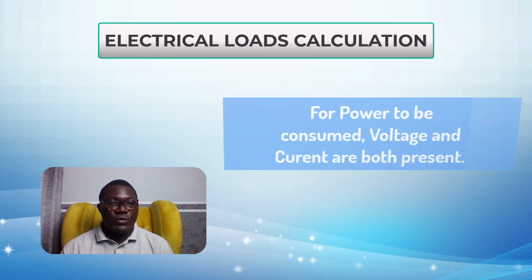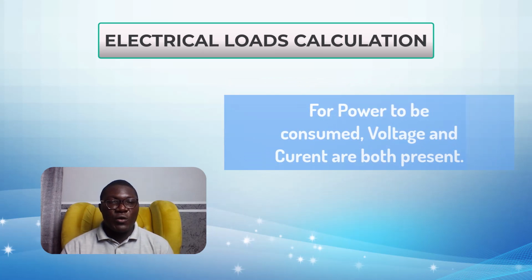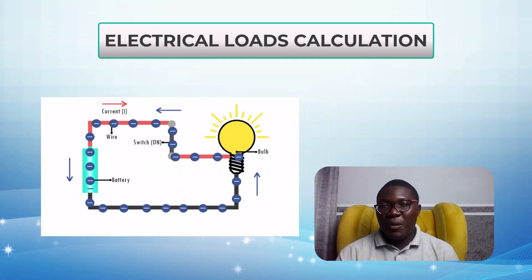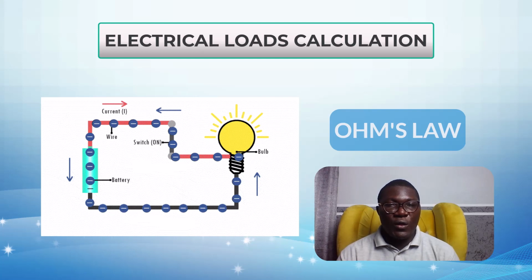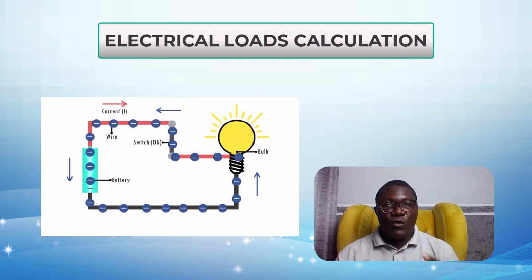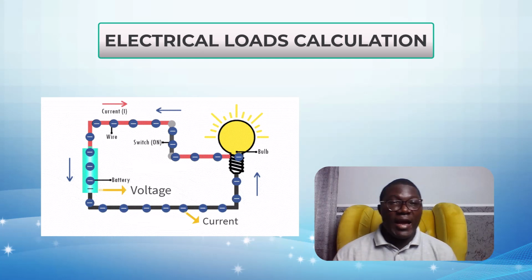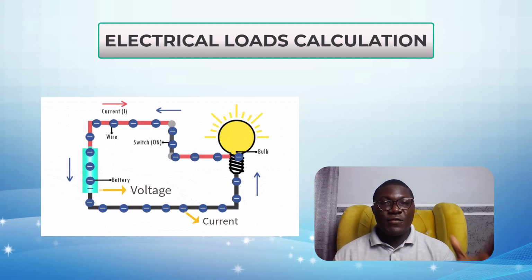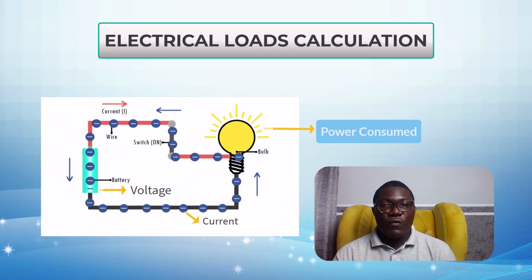Note that for power to be consumed, there has to be the presence of voltage and current. Do you remember from our very first video, when we talked about Ohm's law, that for current to pass through a conductor, you have to have a voltage? And the voltage and current need to be present for power to be consumed.